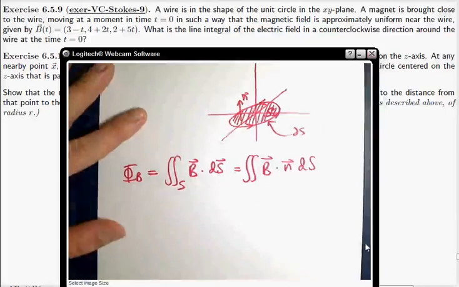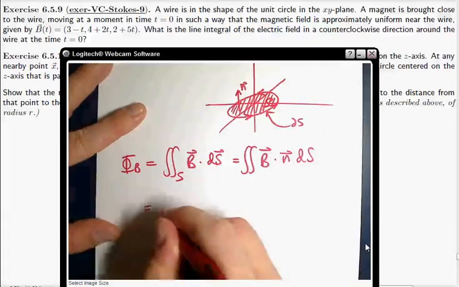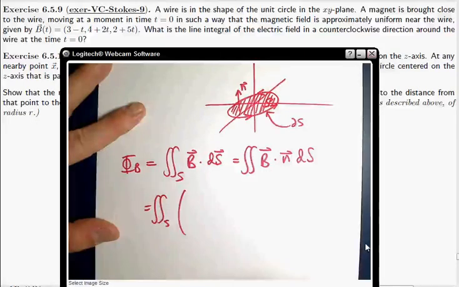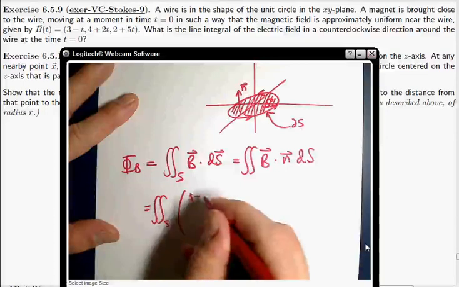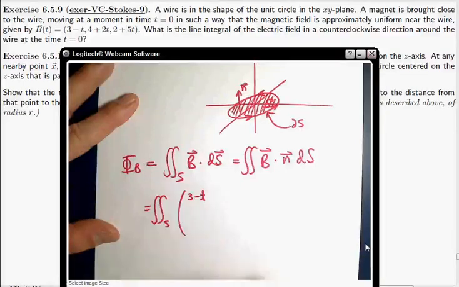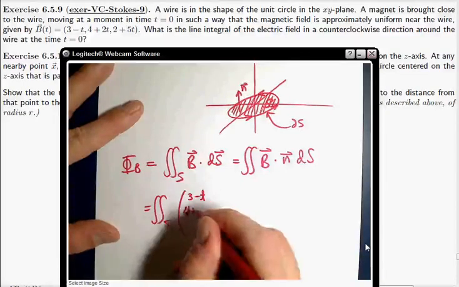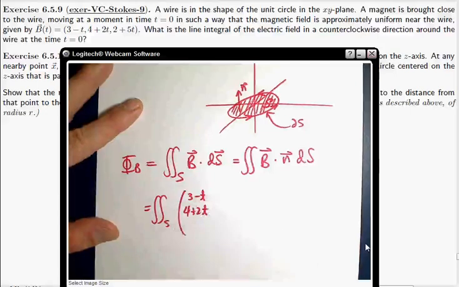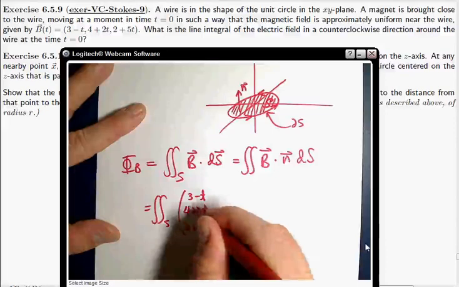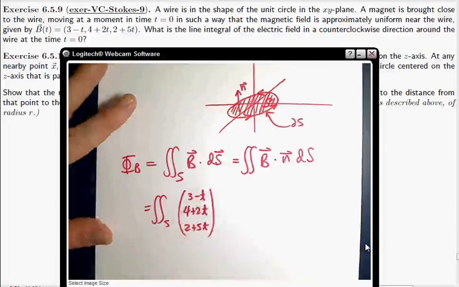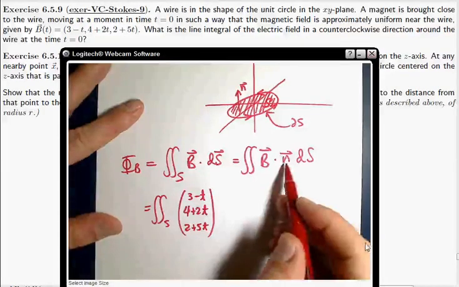So where's our magnetic field? Well, there it is. It's given. It's (3 minus t, 4 plus 2t, 2 plus 5t). Okay, what's our unit normal vector? Well, that's easy.